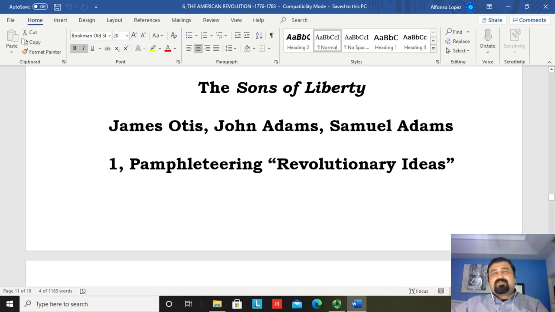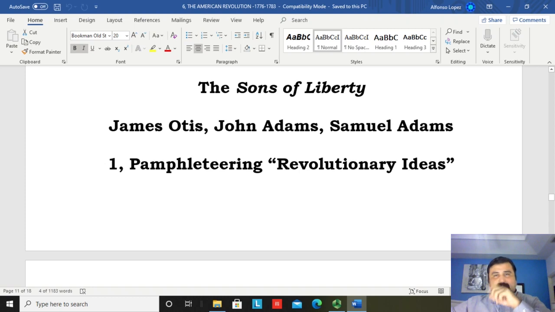Sam Adams was well known for going to the taverns, the pubs, what we call a bar today, in Boston, and he would read out loud or give political speeches to the people drinking there, talking about John Locke, life, liberty, and property, the social contract, all of the ideas that I just discussed in the previous session.